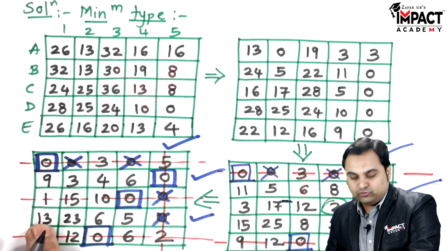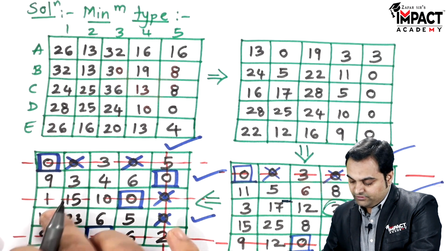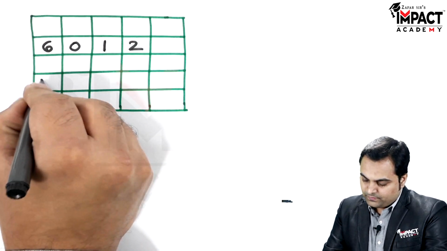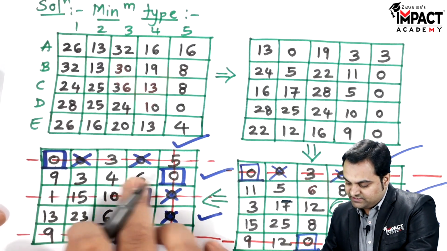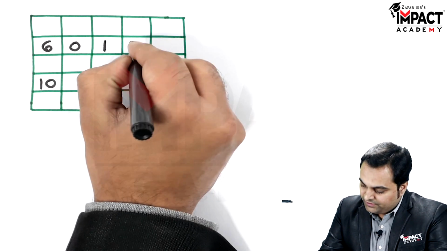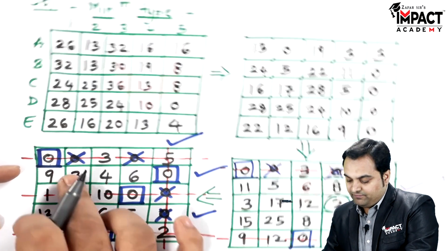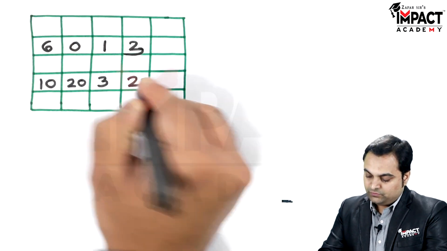Then in the fourth row, 13 minus 3, that is 10. And here this was 6 minus 3, it is 3, not 2, it is 3. Then 23 minus 3, that is 20. 6 minus 3, 3. 5 minus 3, that is 2.